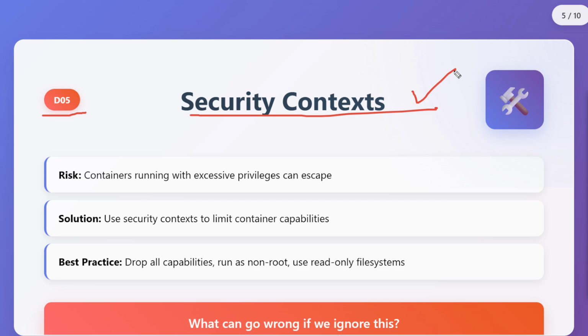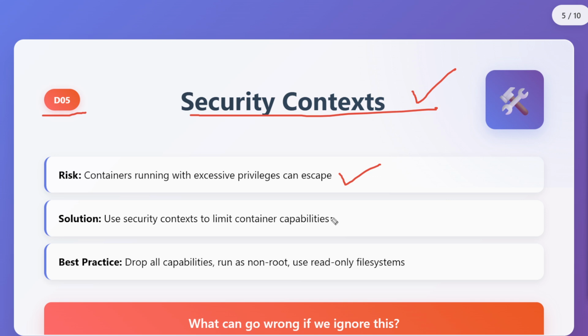The associated risk is that a container running with excessive privileges can escape the container. Let's say containers run with too many privileges, like full access to the host; it can obviously break the isolation and compromise the host system also. This is especially risky if you use the --privileged argument in the command.